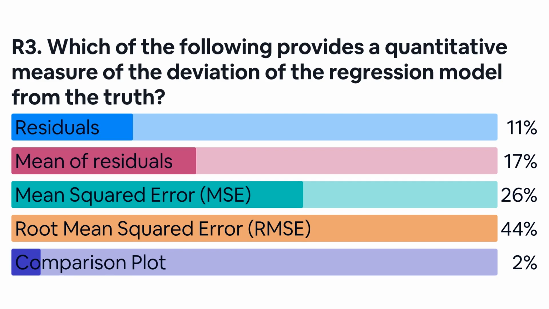And in fact, we have Etienne also talking about it because the positive and the negative residuals will cancel each other, so you won't get that information. And then comparison plot is great for a visual interpretation, but not as useful as a quantitative measure. So I would pick residuals, mean squared error, and root mean squared error.